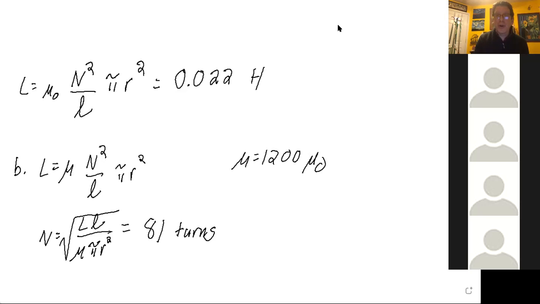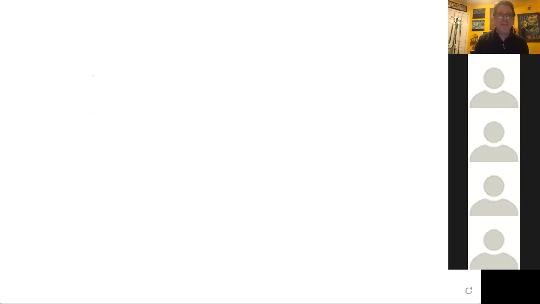Okay, so now we're going to go on to the third problem. There are a couple of ways you can do this, but the basic gist is you're building a 1.0 Henry inductor. Given a 12 centimeter hollow tube, so the diameter of the tube is equal to 12 centimeters.